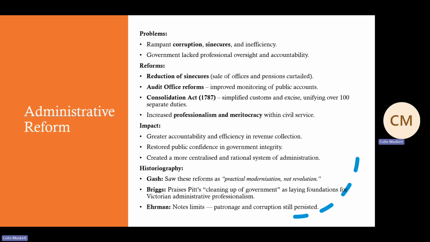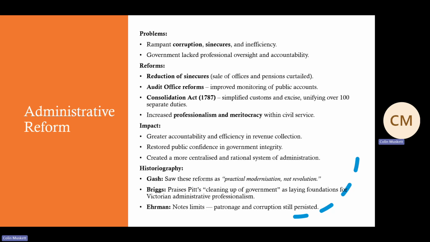So the administration of government needed to be significantly reformed. There had to be proper public accounting. There had to be greater scrutiny and greater transparency inside government. So, the Consolidation Act of 1787 set up a consolidated fund, into which all revenue received from taxes was paid, and out of which government payments were made.